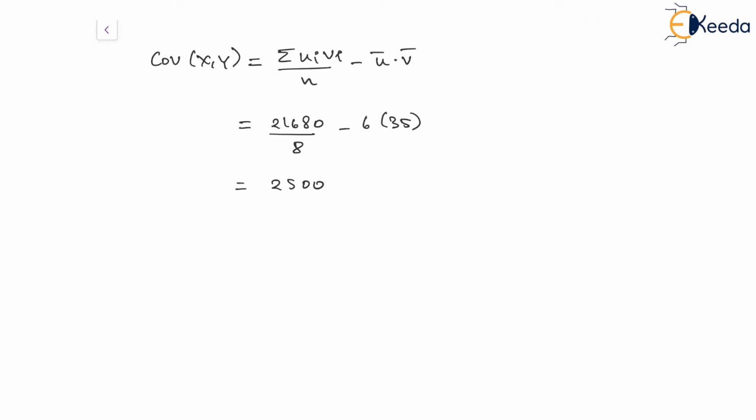Now, as we were talking about the property of regression coefficient, that it is independent of the change of origin, it only matters when the scaling is done. So we can say that the regression coefficient Byx will be equal to Bvu, and that will be equal to covariance of uv divided by the variance, that is sigma u square.